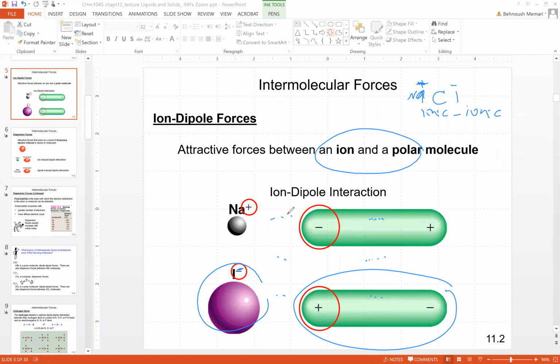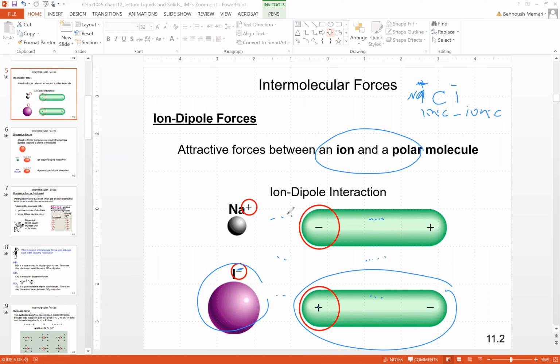It's more applicable in solution when you have a mixture, because your compound is either ionic or molecular. But if you mix two compounds together, if one is ionic and one is polar, then there is attraction. If this attraction is there, it helps solubility.